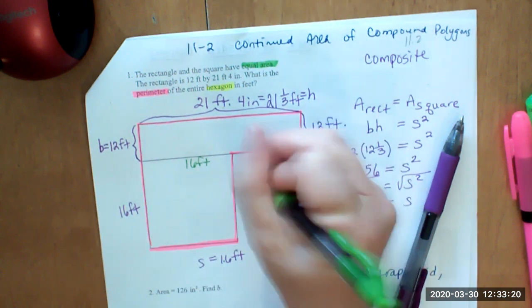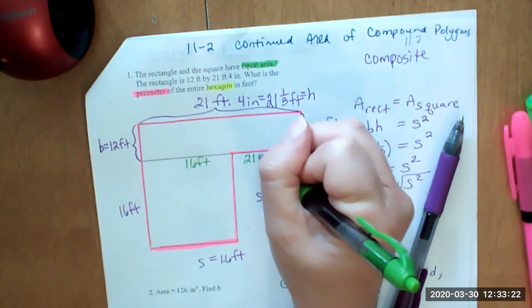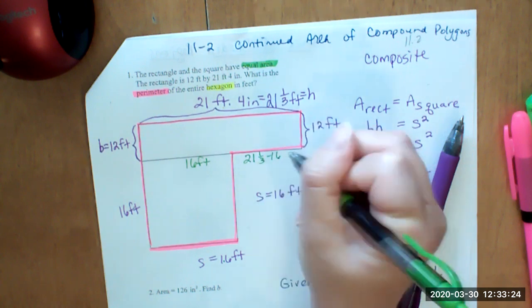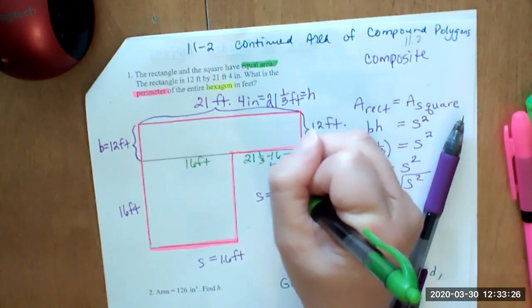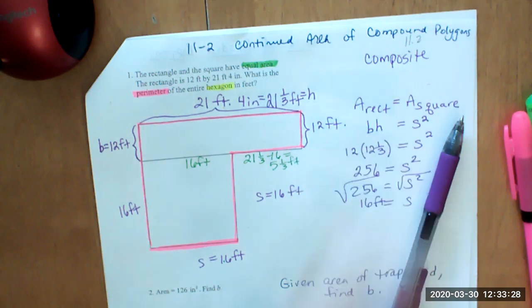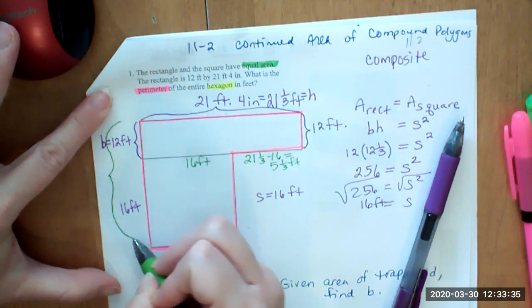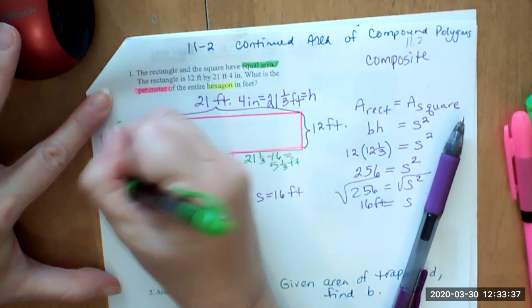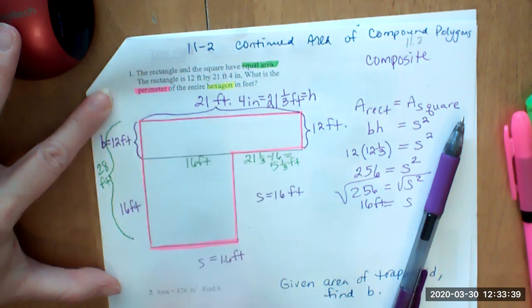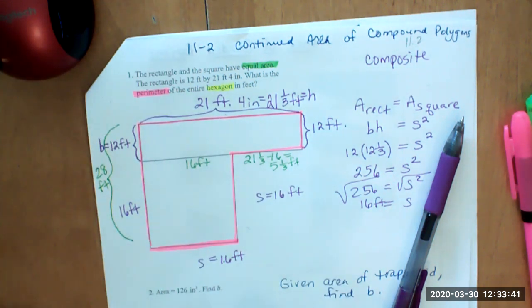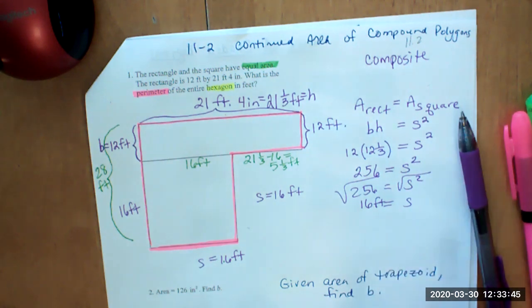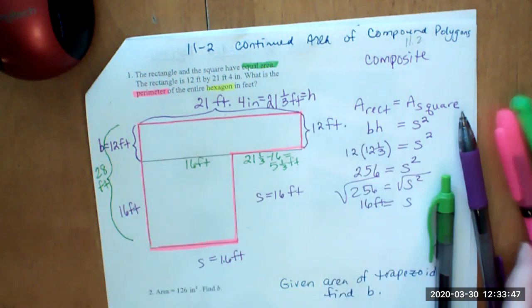So this length right here is going to be 21 and a third minus 16, or 5 1/3 feet. Okay. And also another thing to notice here is, of course, I have this full length here. This full length is going to be 28 feet, right? 16 and 12 make 28. Okay, so I can go ahead and I can find the perimeter now of the hexagon.